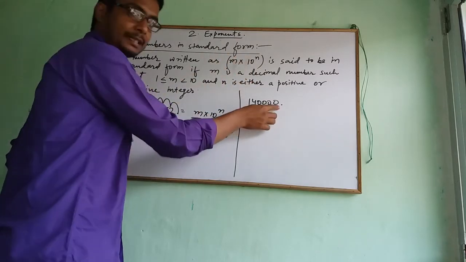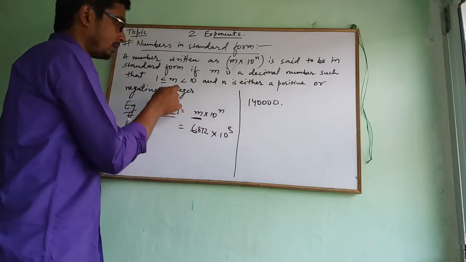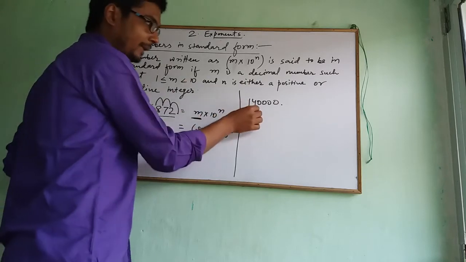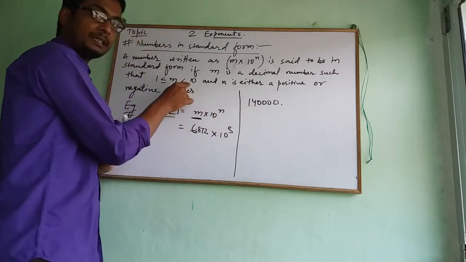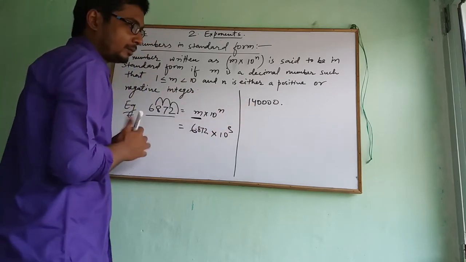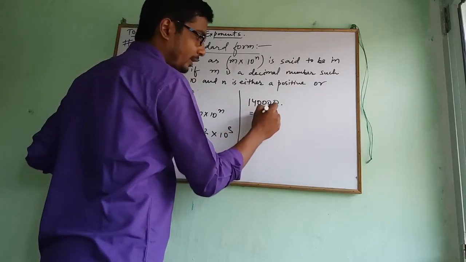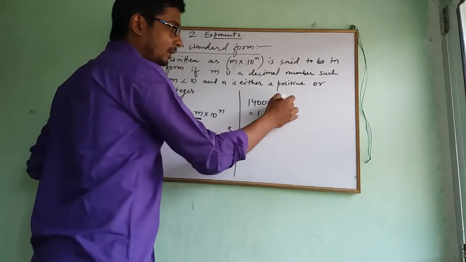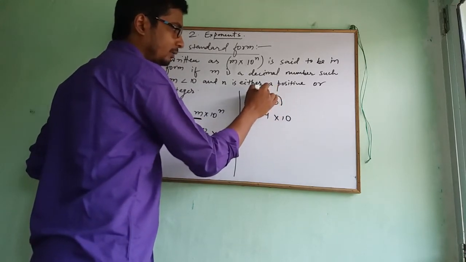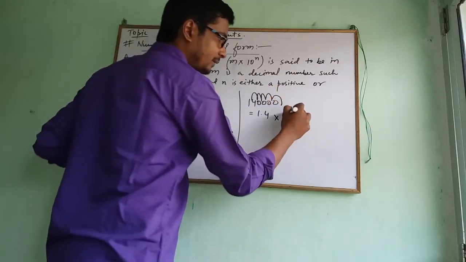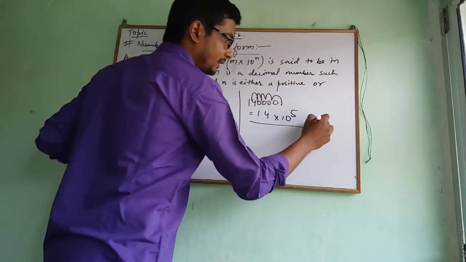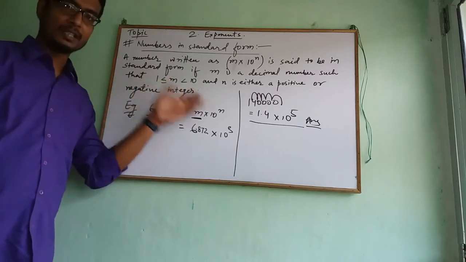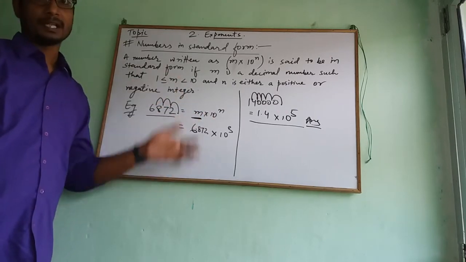So I have to shift the decimal so that the value of m lies between 1 and 10. If I take 14, then the value will exceed 10. So I have to take 1. So I will write 1.4 into 10 to the power, how much am I shifting? 1, 2, 3, 4, 5. So I am shifting 5 places of decimal. So this will be my answer. This is how we denote a number in standard form.